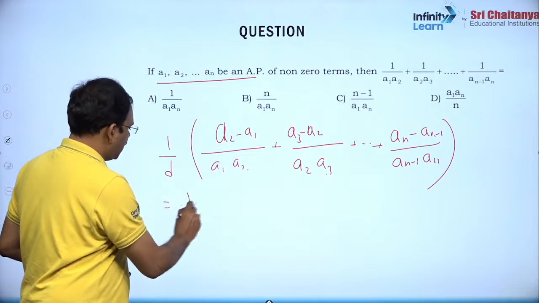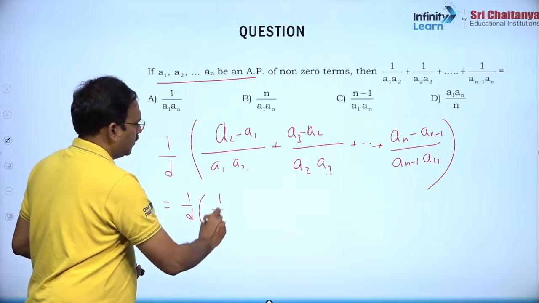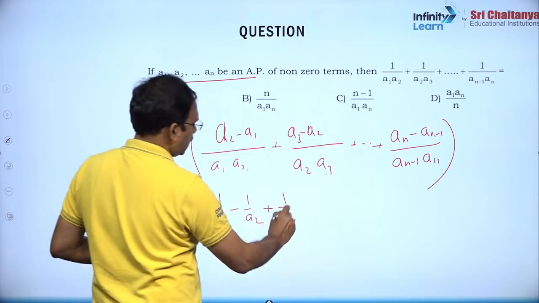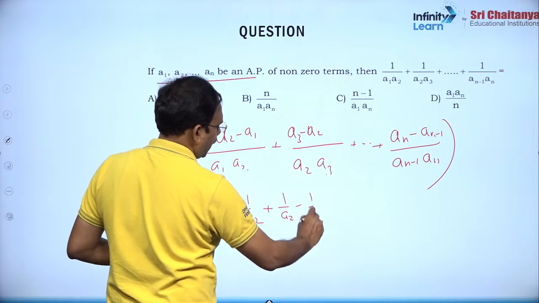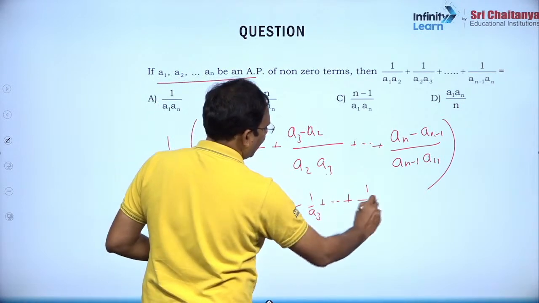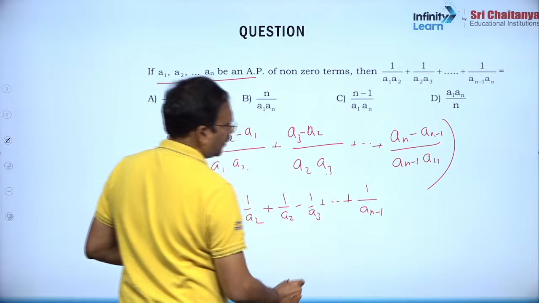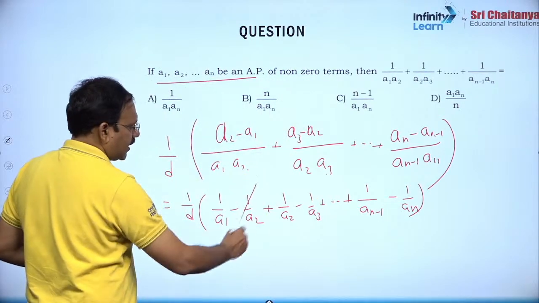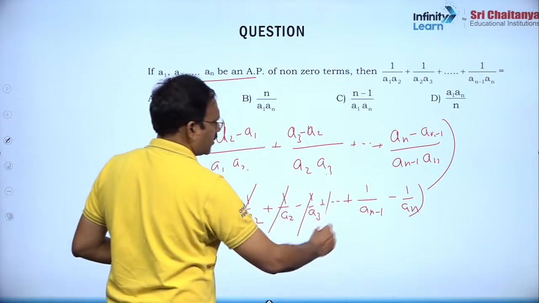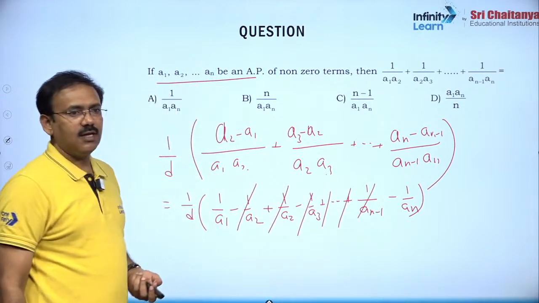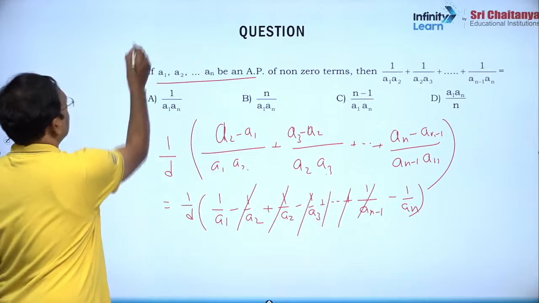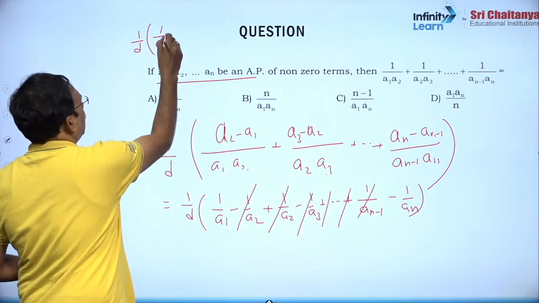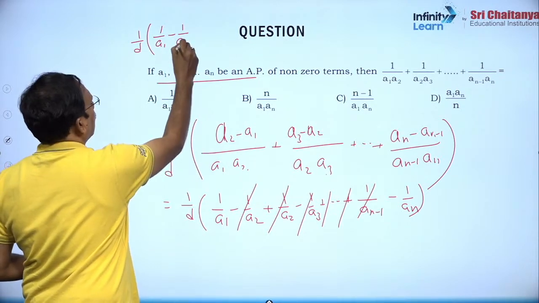Now you just separate: this is 1 by A1 minus 1 by A2, plus 1 by A2 minus 1 by A3, plus and so on, 1 by A(n minus 1) minus 1 by AN. You can observe that the second term and the first term of consecutive brackets get cancelled. You are going to get 1 by D into (1 by A1 minus 1 by AN).